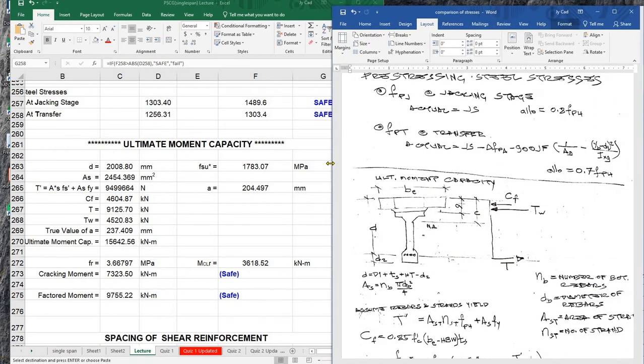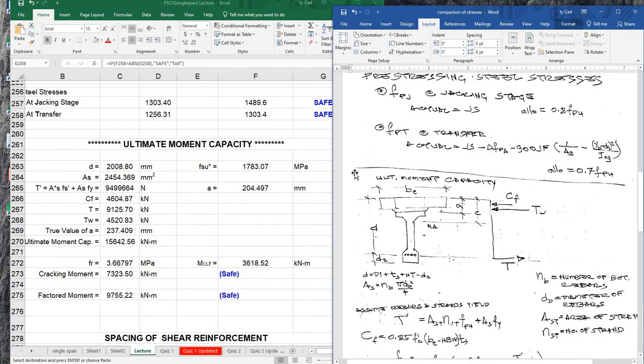Ang assumptions natin dito sa ultimate moment capacity is parang singly reinforced beam siya, ano? Lahat ng rebars nandun sa ilalim. And pre-stress siya. Ibig sabihin, gumagamit ka ng strands tsaka FPU.